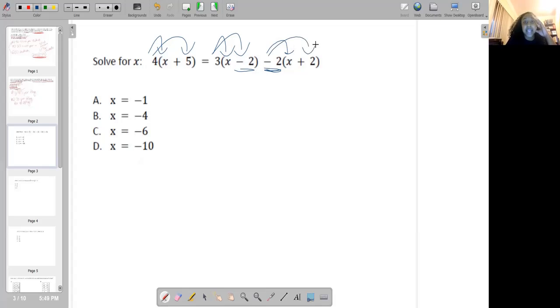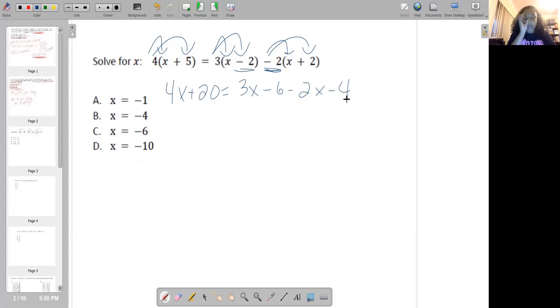Remember, if there's a minus sign, whatever comes directly after it, that term is actually negative. So that's going to give us 4x plus 20 equals 3x minus 6. -2 times x is -2x. And -2 times 2 is going to be -4. So that's what we have so far.